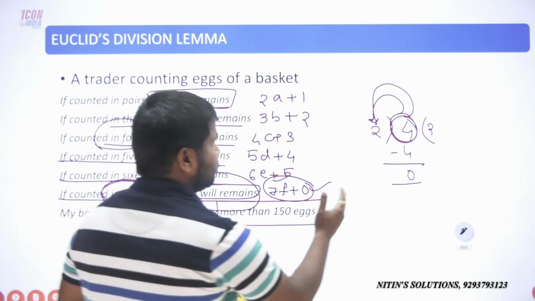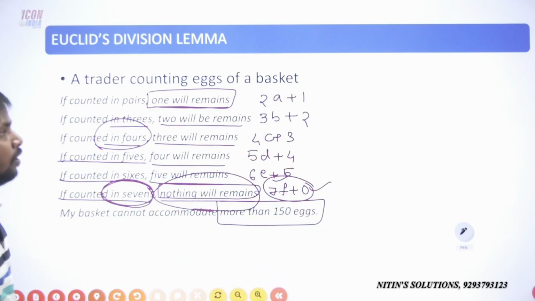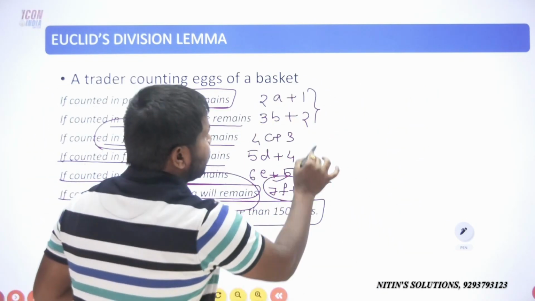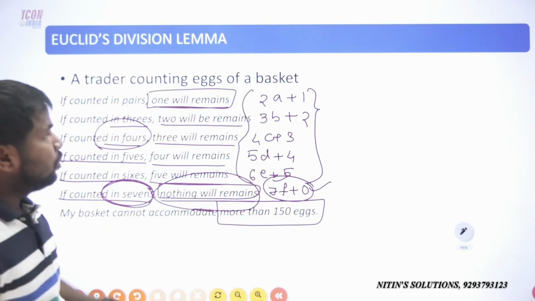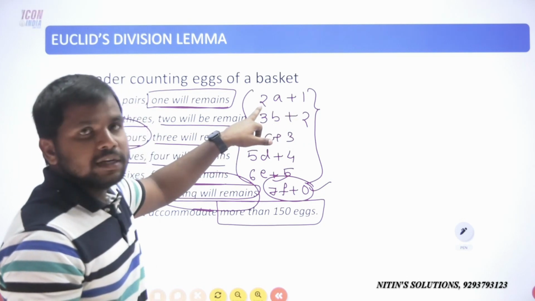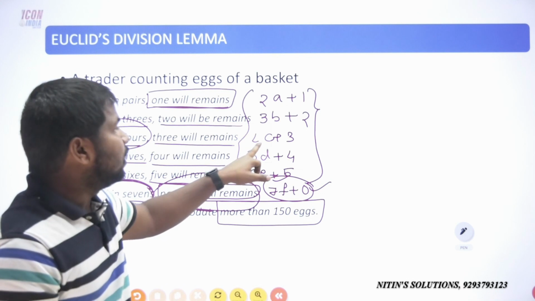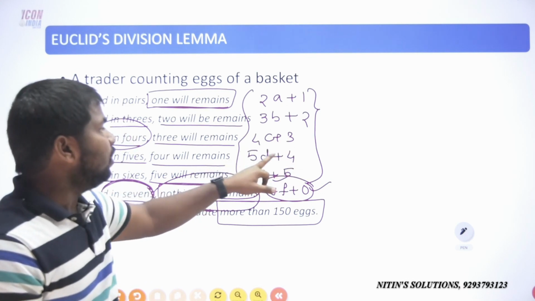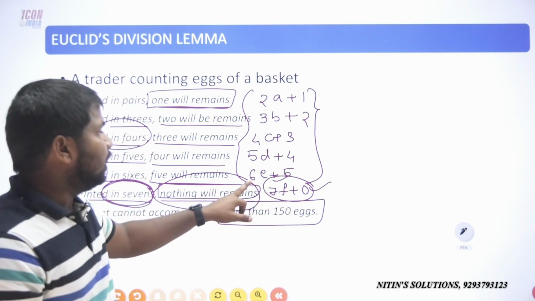Now, here you need to observe one thing. Whatever values we got in the remainder up to 6: remainder is 1, the divisor is 2; remainder is 2, the divisor is 3; remainder is 3, the divisor is 4; remainder is 4, the divisor is 5; remainder is 5, the divisor is 6.